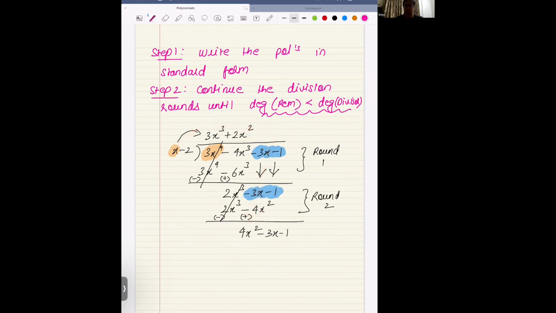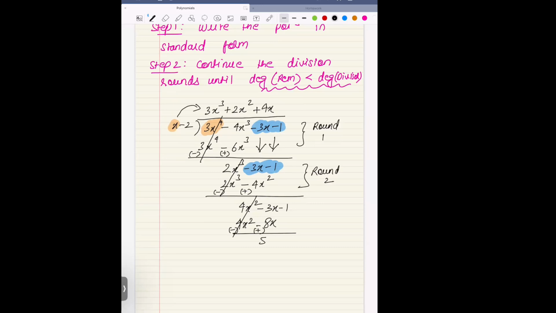So write plus 4x. You get 4x square over here. Minus 2 into plus 4x will give you minus 8x. Change the sign. Remember all these steps. Change the sign. First row gets cancelled. 8x minus 3x gives you 5x and minus 1 comes down.